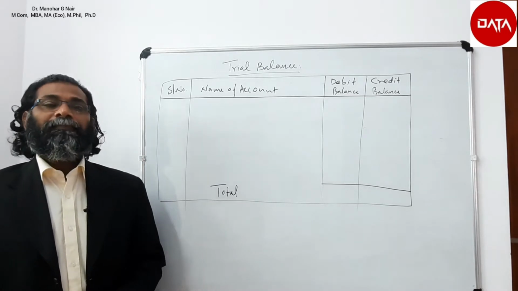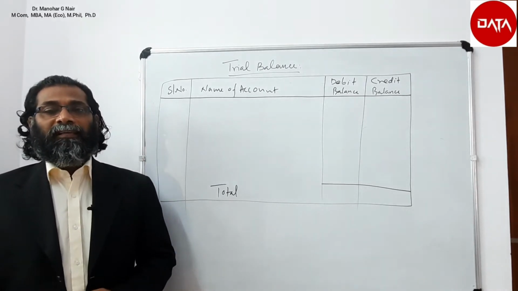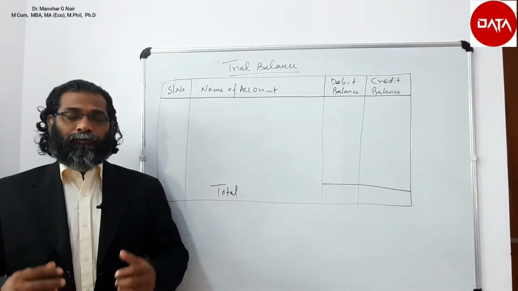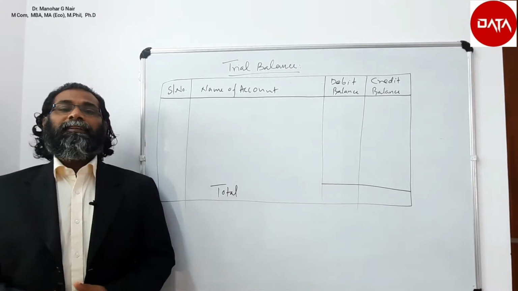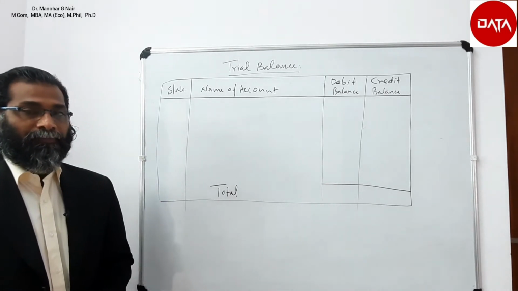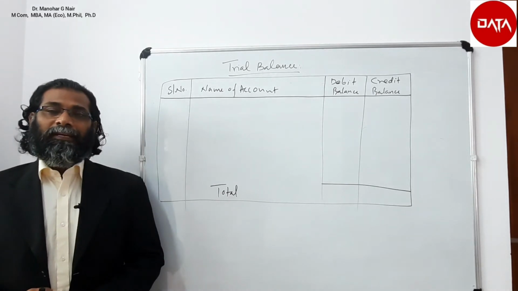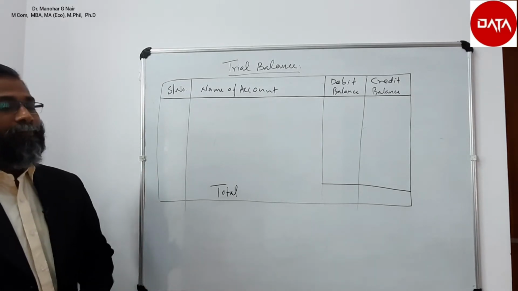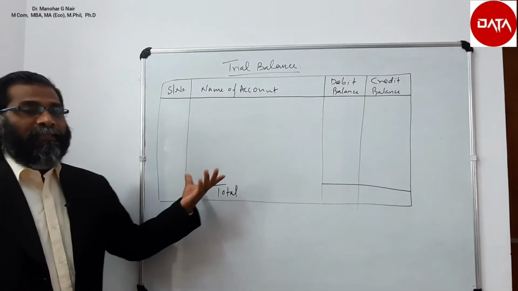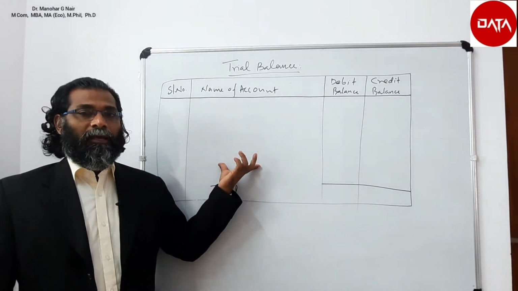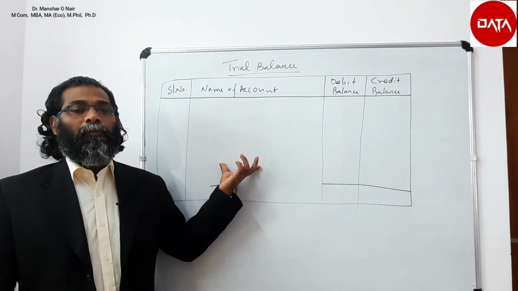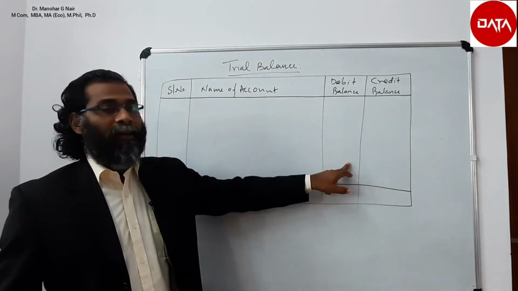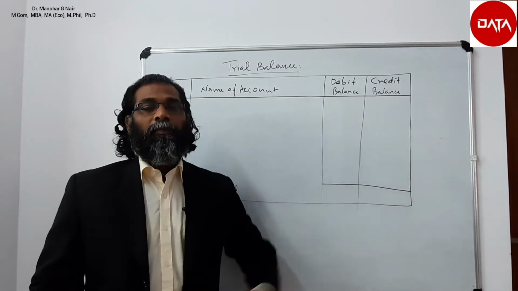Now let us see the important items that would appear in a trial balance along with its format. The format of the trial balance we have discussed in a previous video, but here also let us revise it. It is a statement that contains 4 columns. The first column is the serial number. The second column is a bigger column called the particulars column, where we will write the name of the account. The next column is for writing the debit balances, and the credit balances will be written in the last column.